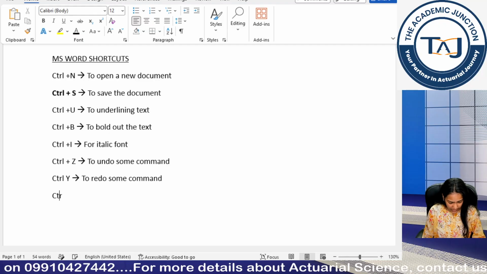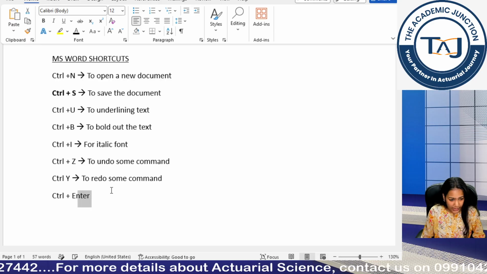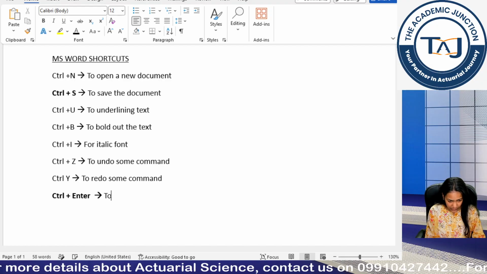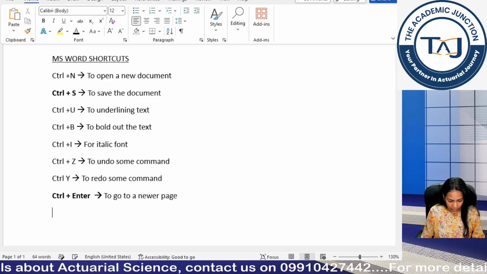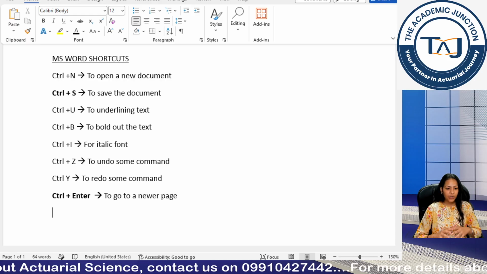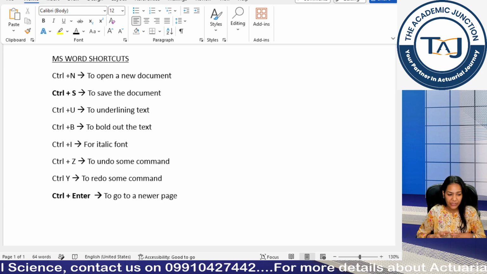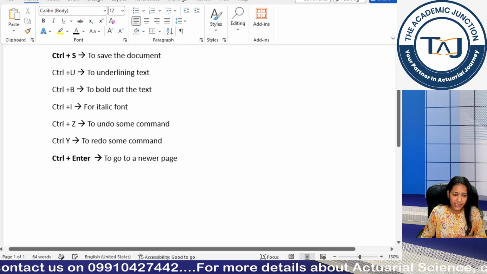Okay. Then another most important one is Control plus Enter. Why is this important? Let me state it. This is to go to a newer page. Now for a presentable answer, what I recommend is that you should start every new question from a newer page. What usually most students do is they continuously press the Enter key.